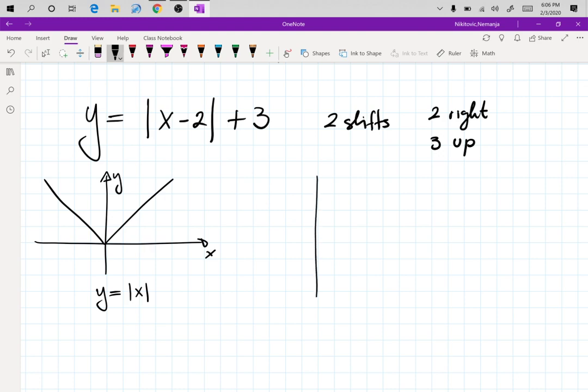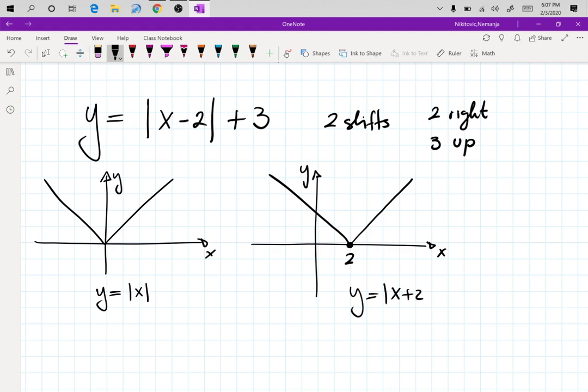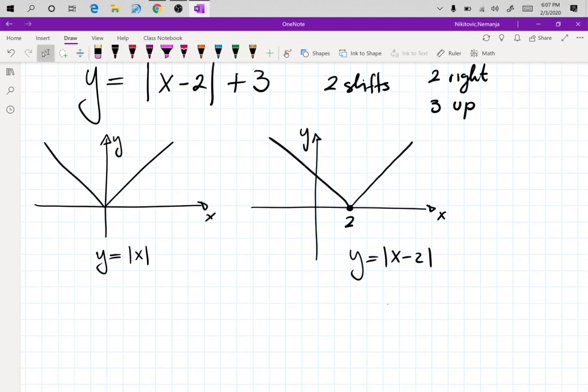So we are now going to take the same V, but we are moving the origin. So now we're going to have this, and that's a 2. And this is y equals absolute value of x minus 2. So I hope you see that it evolved. And now the final one is to move everything 3 units up.